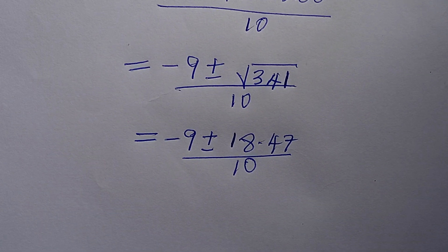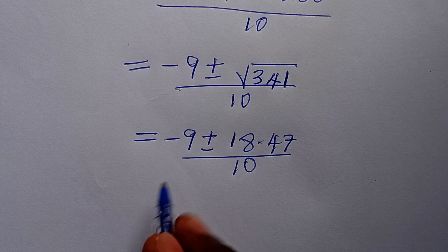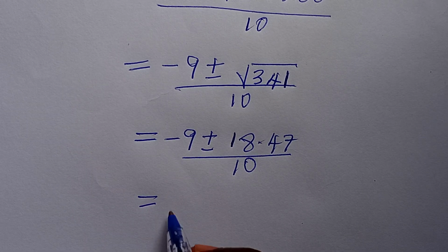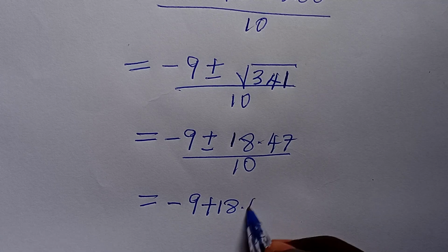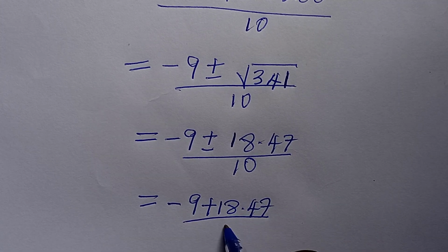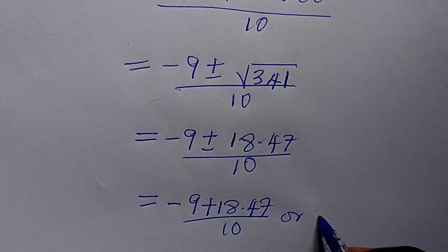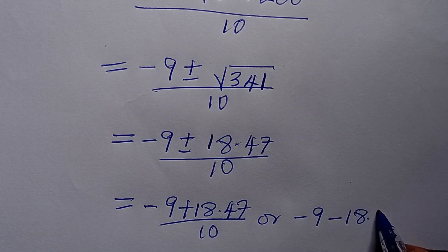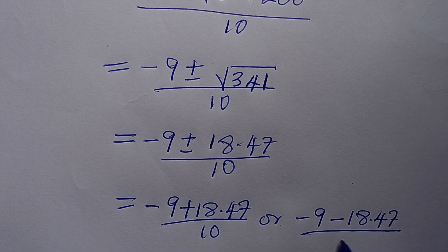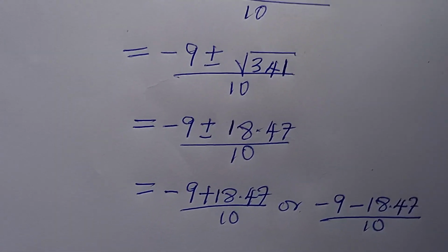So we just have to split this. This is going to give us minus 9 plus 18.47 all over 10, or minus 9 minus 18.47 all over 10, right? Good.